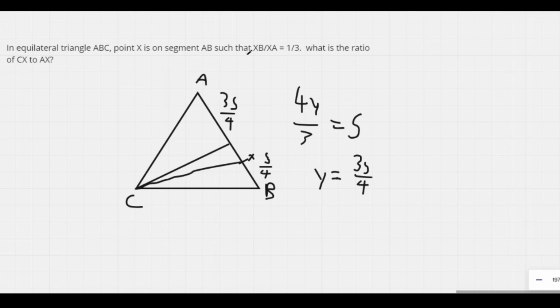So let's place point D over here where the altitude from C meets AB. So that means AD is equal to DB equal to S over 2.